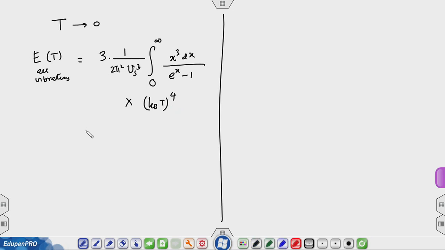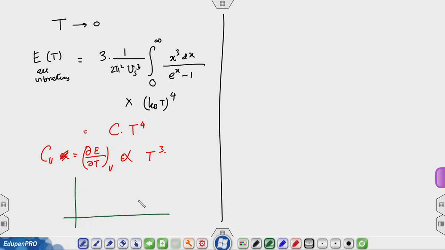So, this is equal to some constant times T raised to 4. Cv, which is equal to dE/dT at constant volume, is going to be proportional to T cubed. So, now with this dispersion of omega being taken into account, for large temperature I still get 24 joules, and as you go towards 0, this shows T cube behavior. And this is because of dispersion.